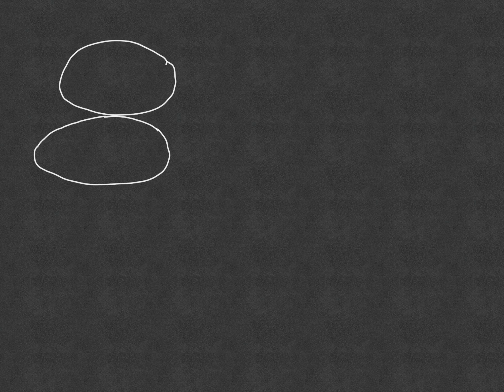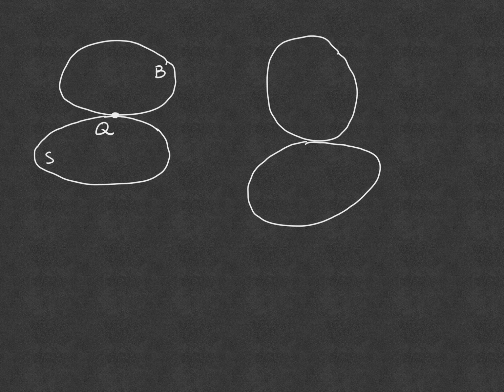So if I consider two instants of time, here's one instant of time, which is kind of schematically what I drew before, which is I have these two bodies. I've got B and I've got S, and I've got this point Q. But at a later point in time, B may have rotated into this configuration, and S may have rotated into this configuration, in which case this point Q here is not the same point as what it was earlier.